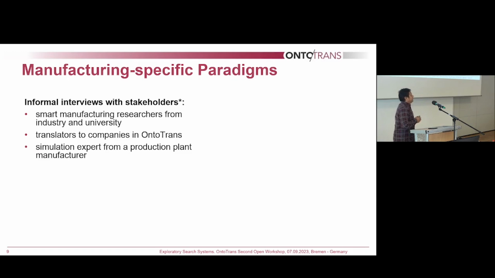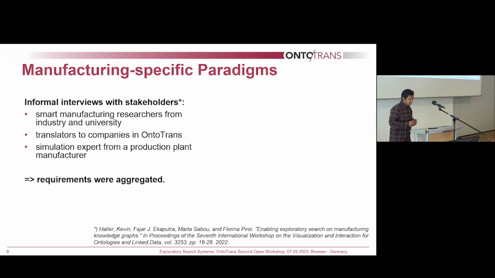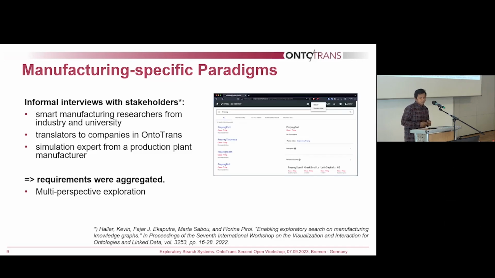The second thing is that we look into more manufacturing-specific paradigms. We talked with some stakeholders regarding what they need for this kind of system, and we published it as part of our paper last year, where we see that there are three main requirements coming from manufacturing stakeholders. The first one is multi-perspective exploration.